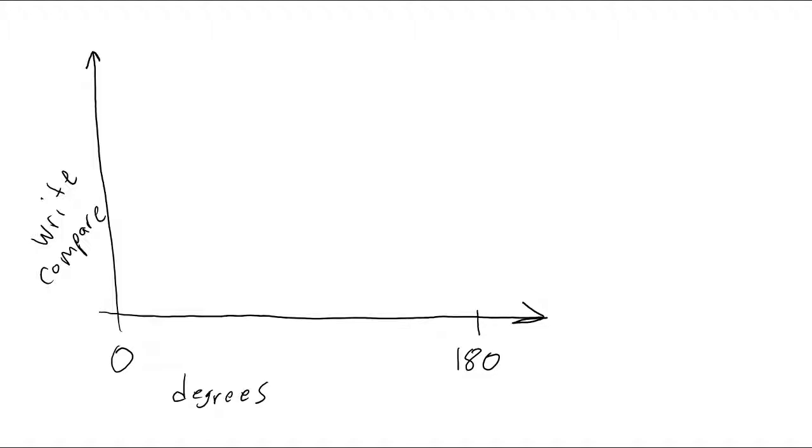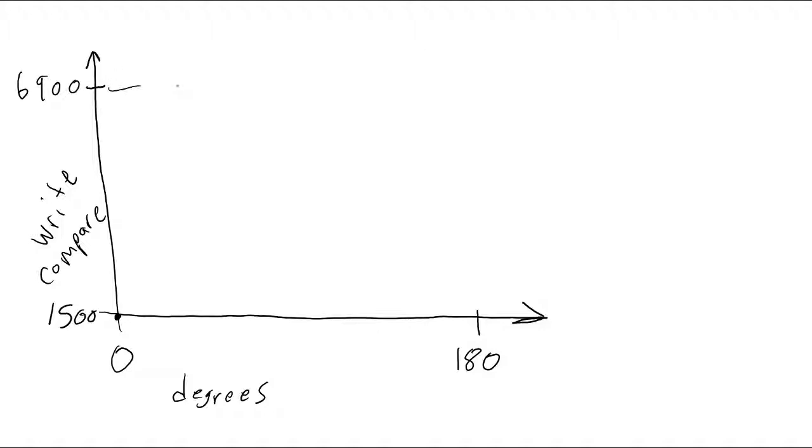We know that the most clockwise angle corresponds to a right compare value of about 1500. So I'm going to draw a dot on my plot at 0, 1500. We also know that the most counterclockwise angle corresponds to a right compare value of around 6900.